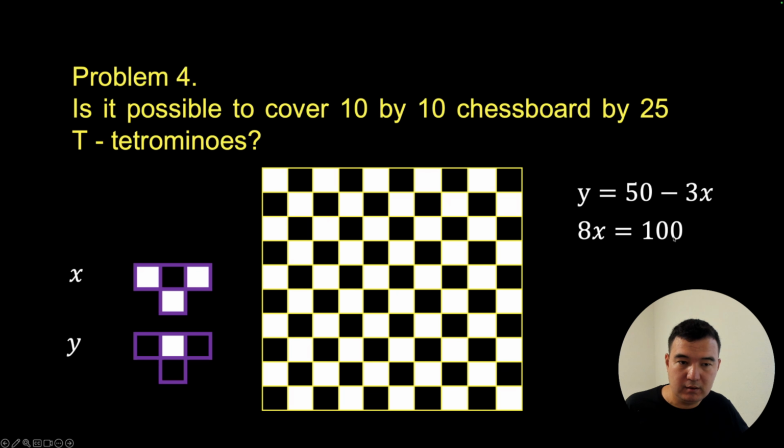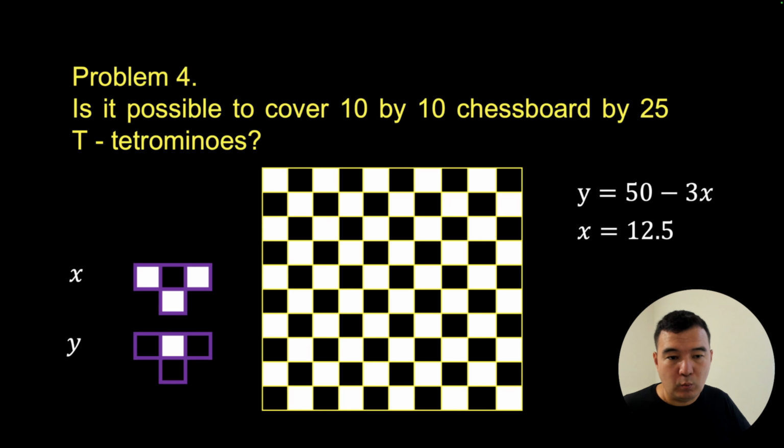So X has to be 100 over 8, and X is 12.5. We cannot have non-integer number of Tetrominoes, so X has to be an integer number. We cannot have like 12.5 Tetrominoes.